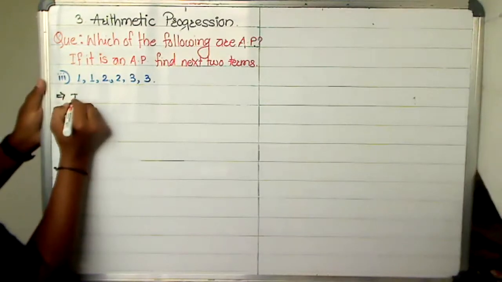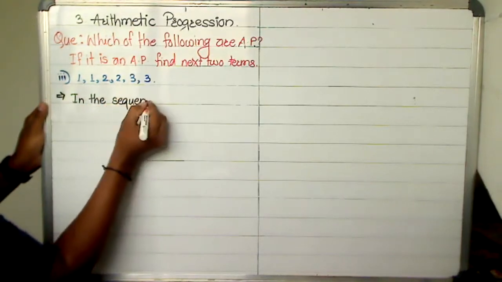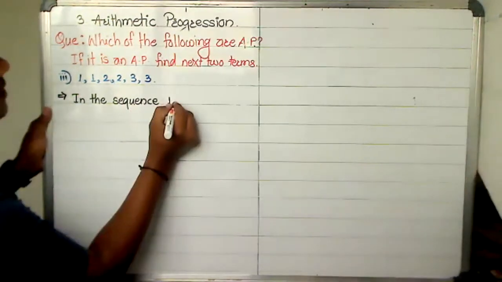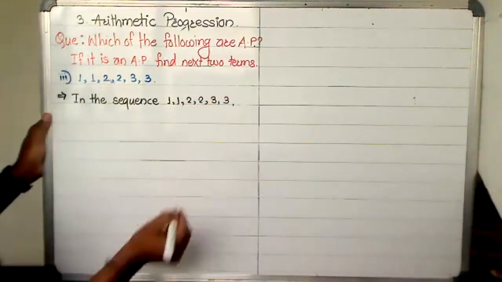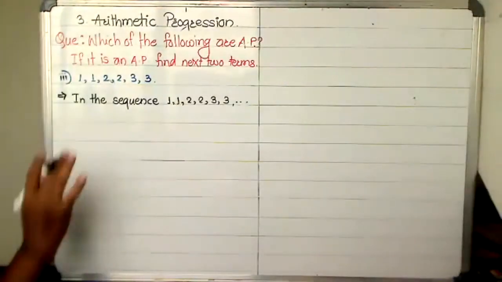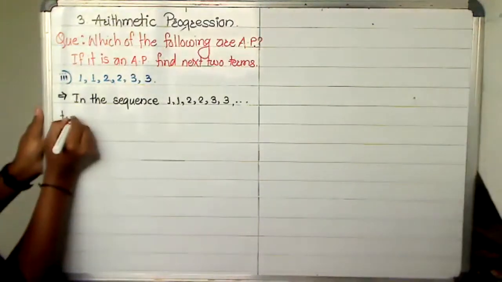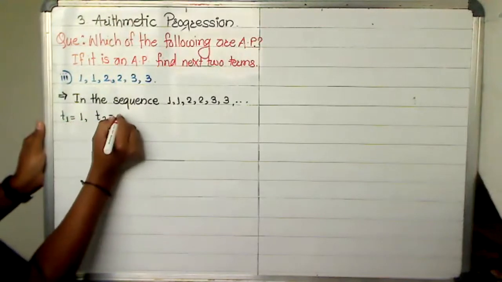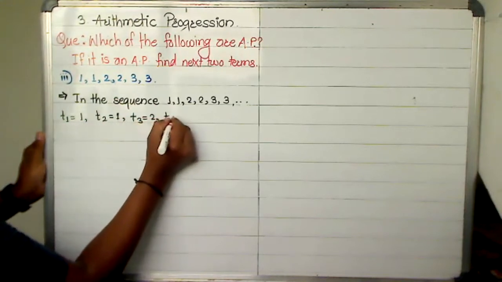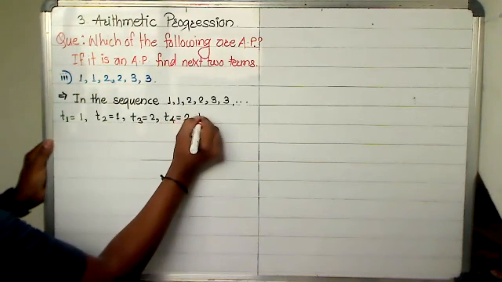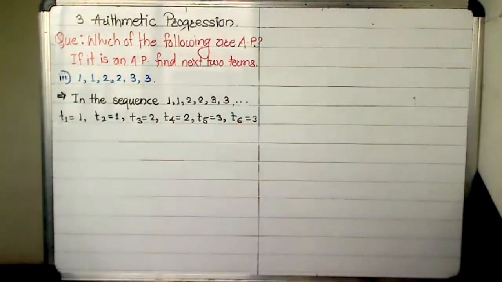So in the sequence 1 1 2 2 3 3 and so on, here T1 is equal to 1, T2 is equal to 1, T3 is equal to 2, T4 is equal to 2, T5 is equal to 3, and T6 is equal to 3.